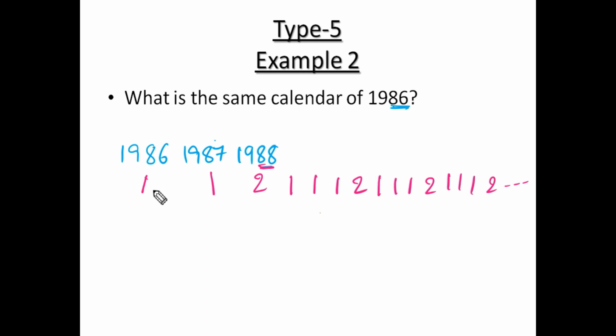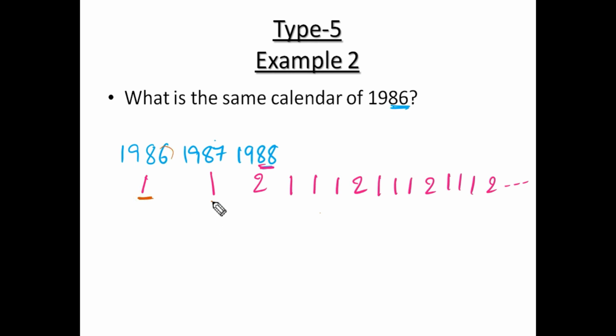The first multiple of 7 is 7, next 14, next 21, next 28, next 35. If we have any problem at the first multiple of 7, go to the next multiple of 7.